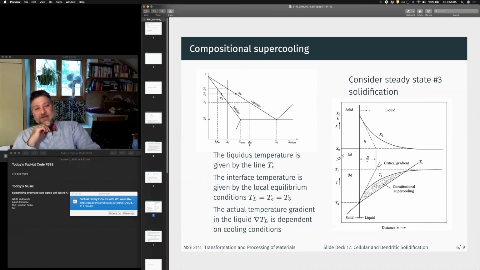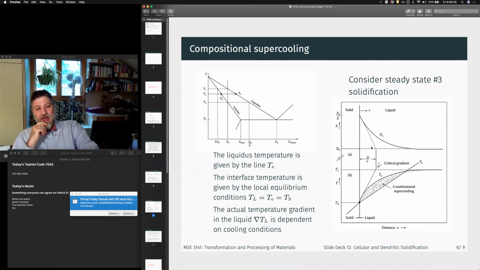But now that I've added a composition gradient, I've got essentially a battle between my thermal gradient that wants to keep the interface stable and my composition gradient that wants to make it unstable.